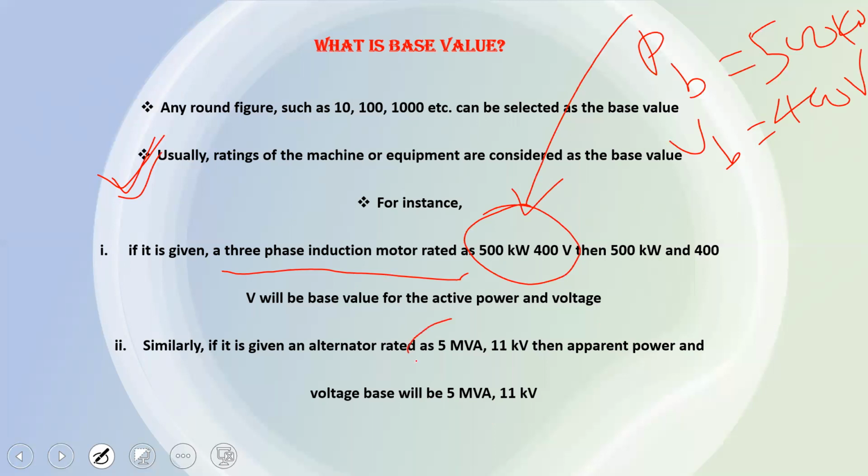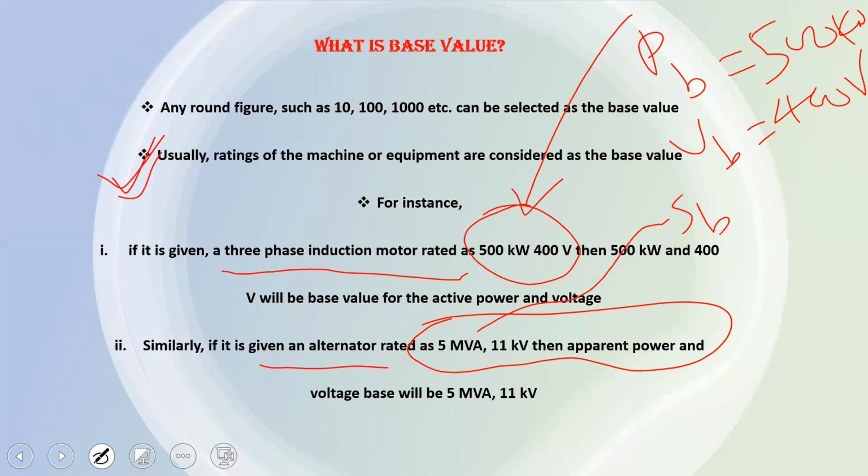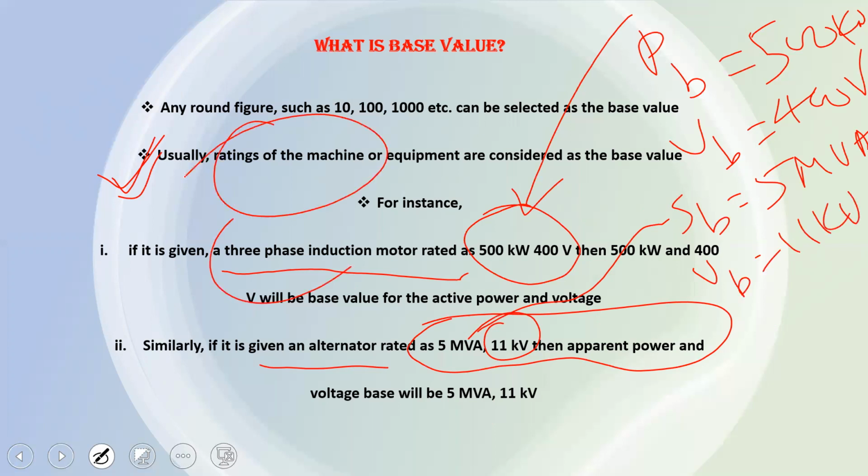Similarly, if in a problem it is given an alternator rated as this, the base value of complex power or apparent power is 5 MVA, because this is the rating, and the base value for the voltage is 11 kV. So usually the rating of the machine is considered as the base value.